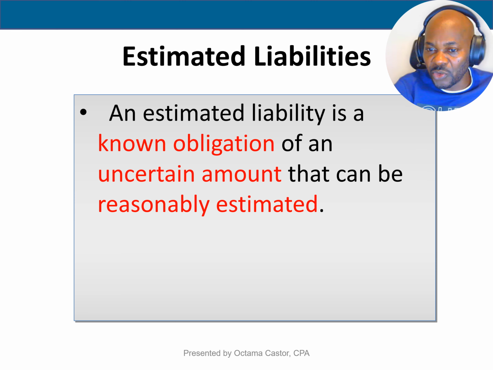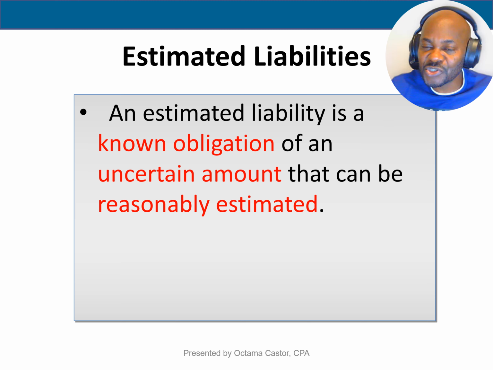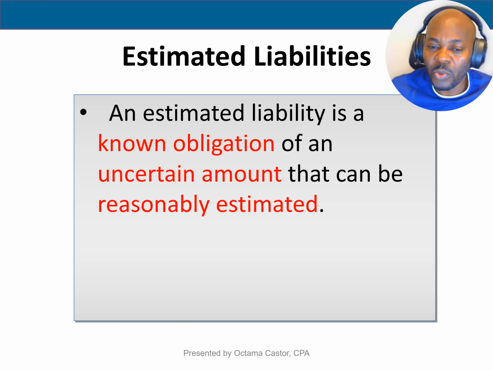Another type of liability is the estimated liability. We talked about known liabilities. A known liability is a liability that you know. Not only do you know that you have a liability, but you also know the amount, right? But some liabilities, although they are known, you just do not know the amount. You can reasonably estimate the amount. That would be an estimated liability. An example would be warranty, right?